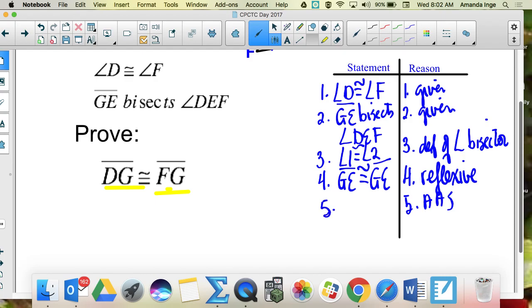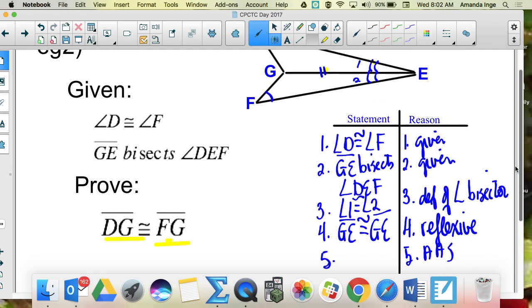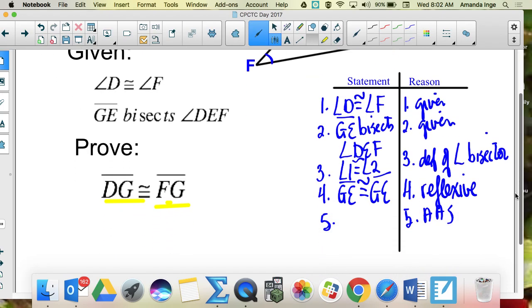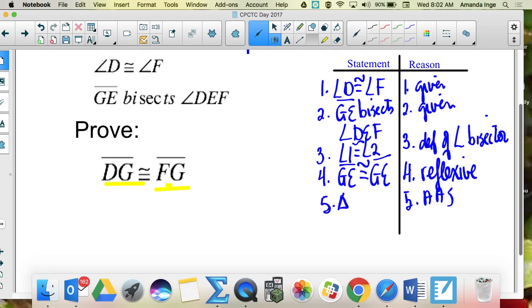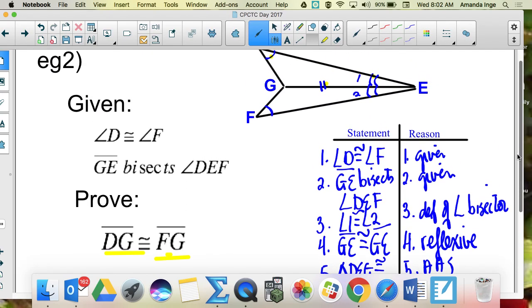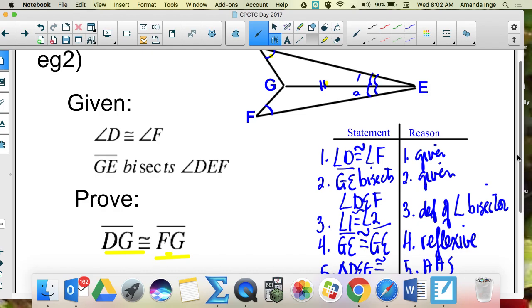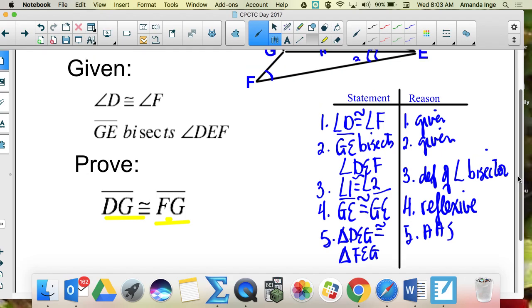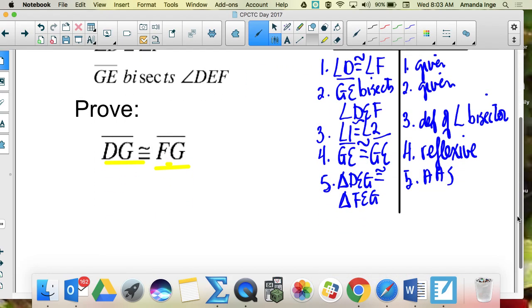So we're going back up here, and we'll start with triangle DEG is congruent to triangle FEG because of angle, side.